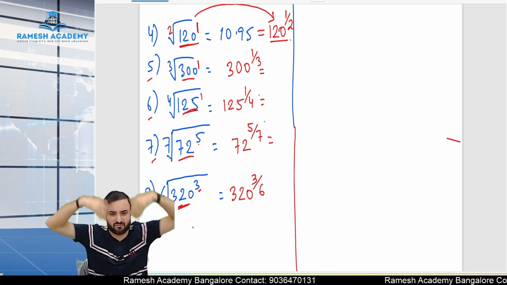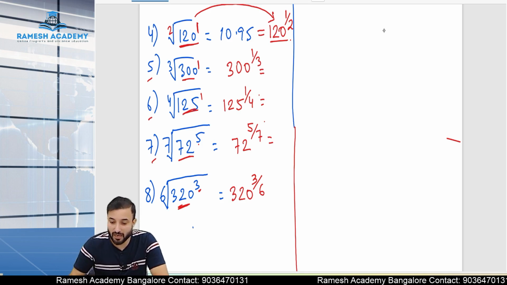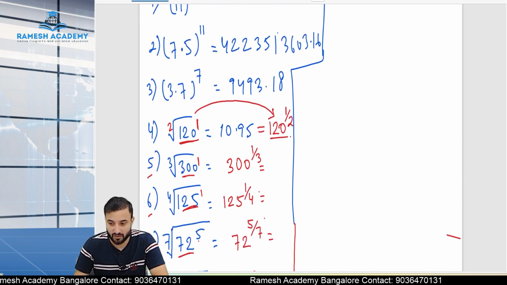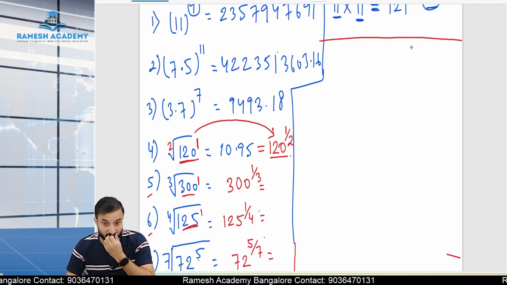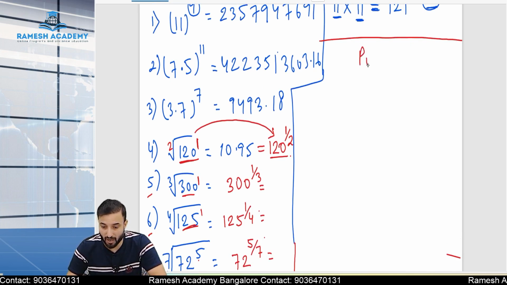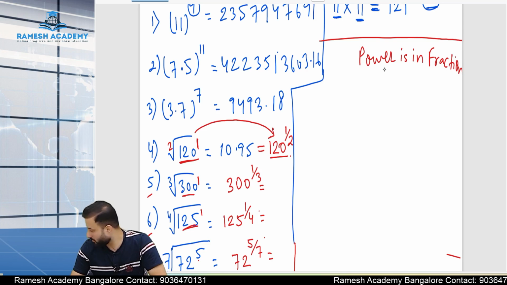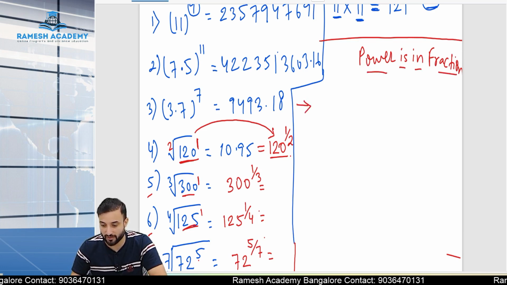Thank you so much, guys. Now the next thing, I am going to give you the steps. This is the step for the calculator. When the power is in fraction, you have to use this calculator trick.